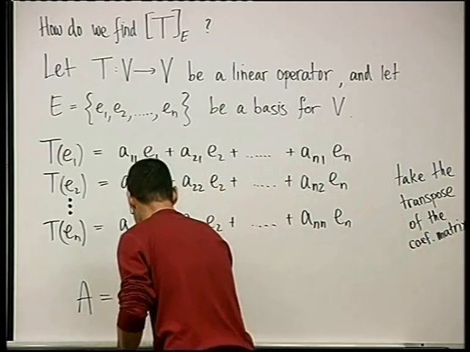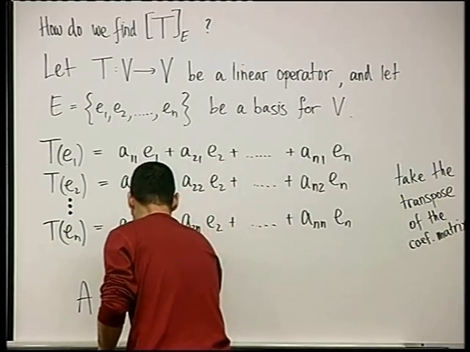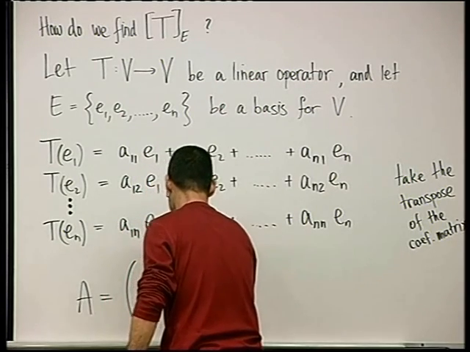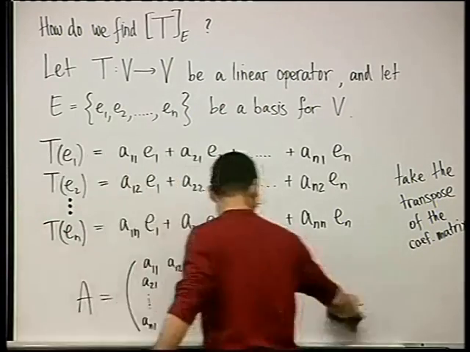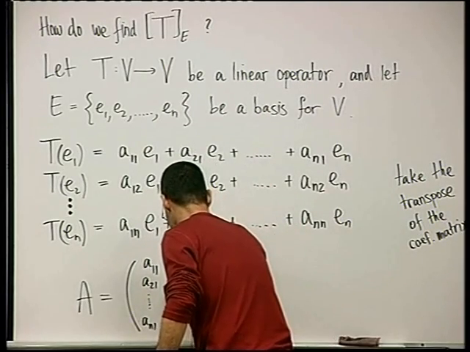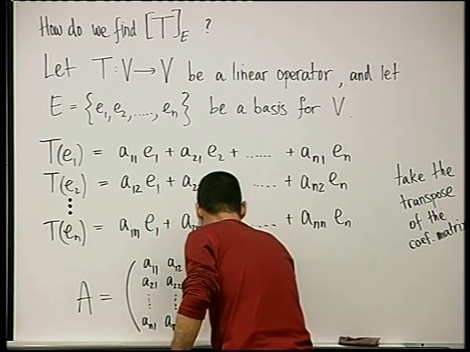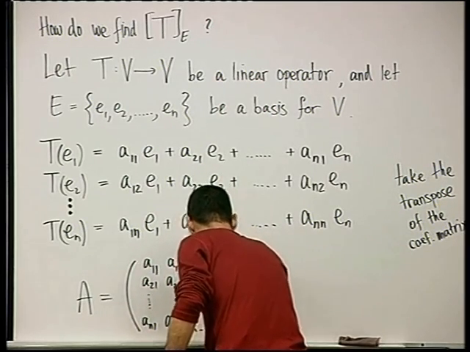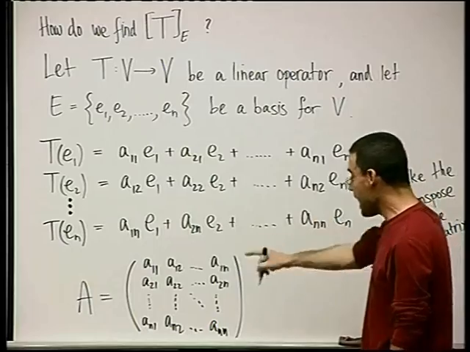So A is going to be precisely the matrix with columns A11, A21, all the way up to AN1, then A12, A22, dot dot dot, AN2, and so on up to A1n, A2n, dot dot dot, ANN. This is A.